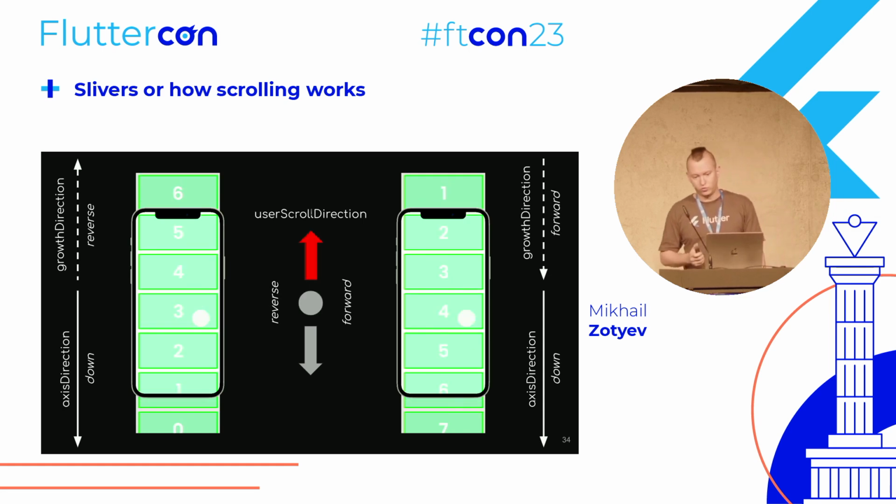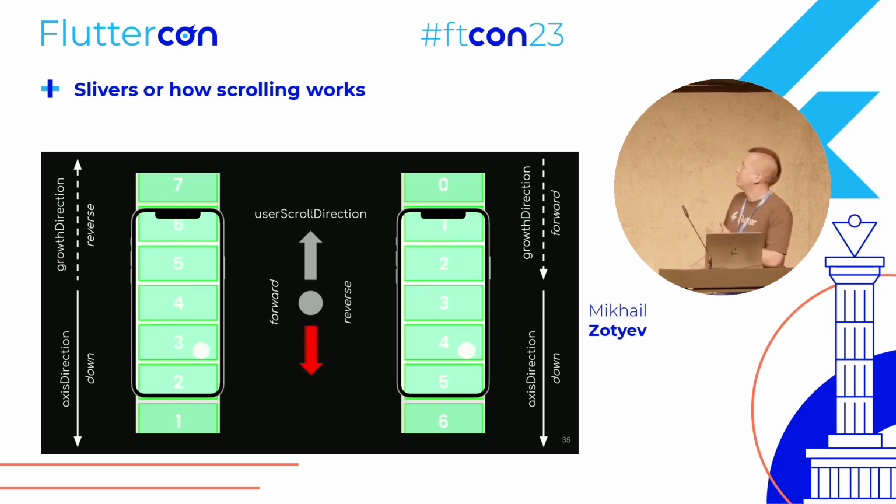But as soon as the user starts to move a finger and everything moves with this finger, we get this information about scroll direction, which depends on which sliver appears. If our movement makes the next one appear, it means forward direction. If the previous one, it's reverse direction. And of course, the opposite changes the tables.